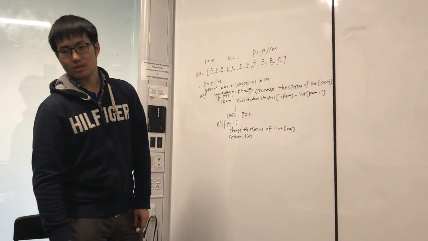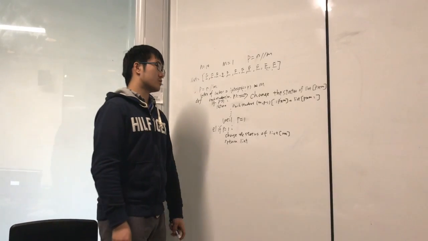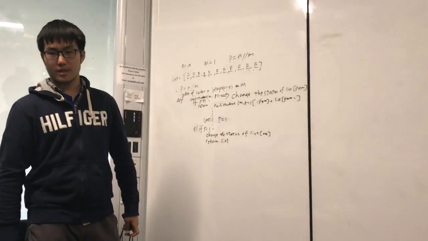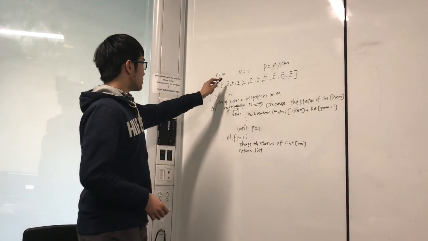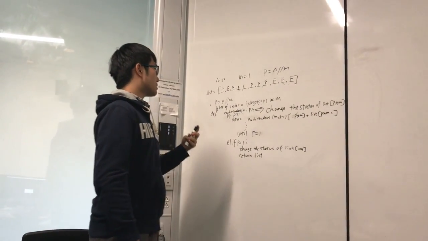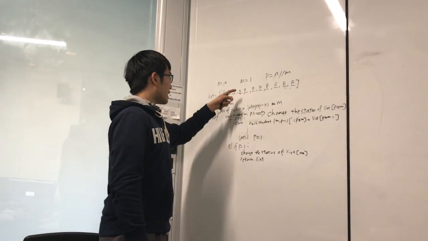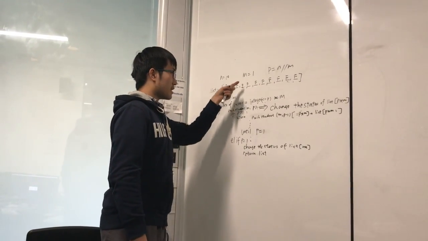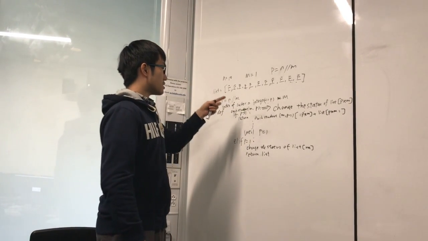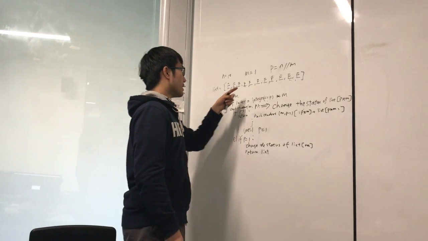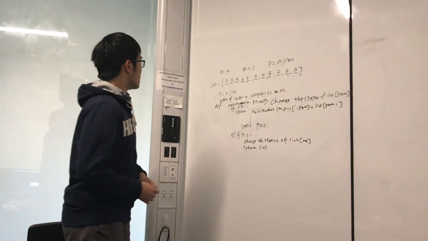So now we are going to talk about recursion in the locker problem. It is very similar to the solution using the for loop. We also first set the number n to be the number of students, and we also have two other variables: i means the index of the student who is going to change the status of the lockers, and p is how many lockers the student can change.